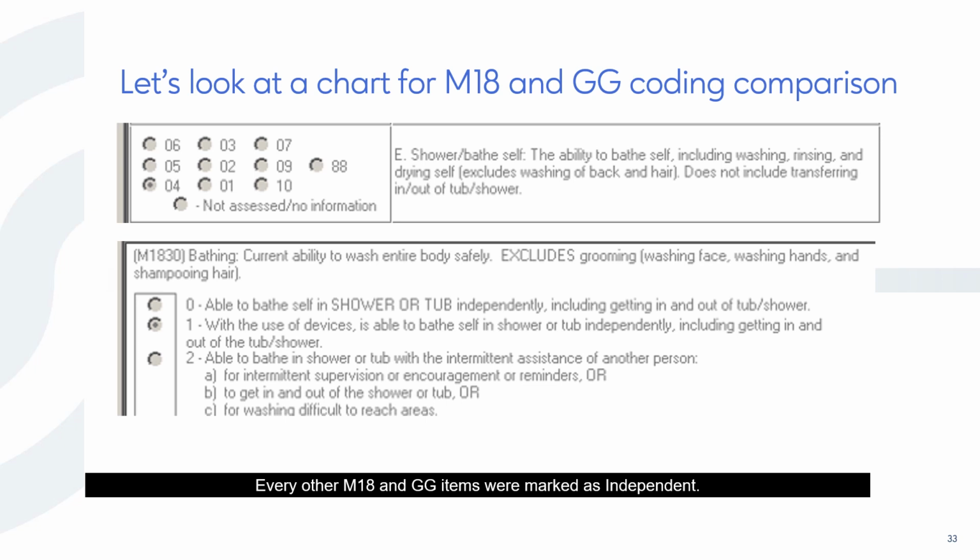Either the 04 is wrong or the M1830 item is wrong. Without looking at other documentation, there's no way to know right now which one is incorrect, but if you had a scrubber or you're using us for reviewing, this is definitely going to get flagged. It says this is not making sense together. One of those is wrong.